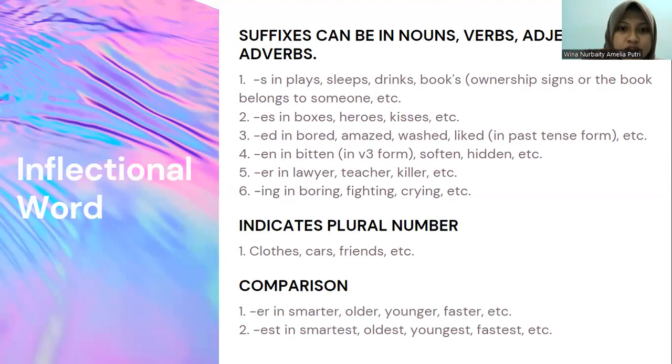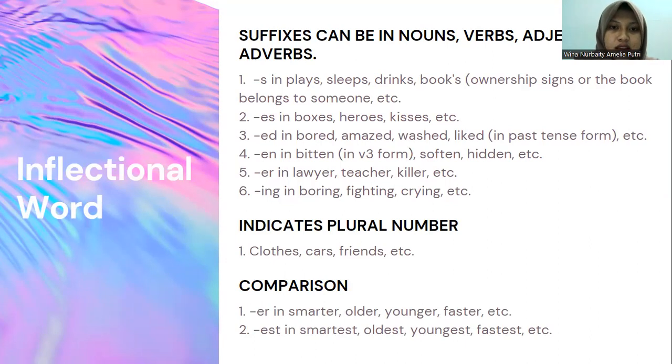Some things you need to know about inflectional words and examples are: first, suffixes can be added to nouns, verbs, adjectives, or adverbs. The examples: suffix s in places, sleeps, drinks, books. Books is not an ownership sign, or the books belonging to someone, and many others.